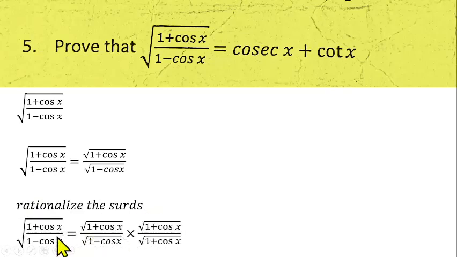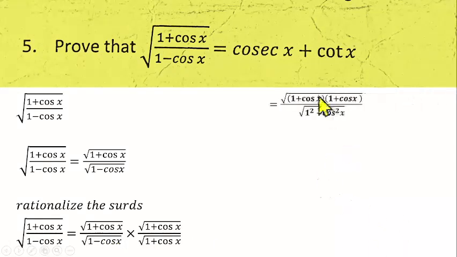If you do that, you'll have this times the conjugate of the denominator, which is a surd of 1 plus cos x over surd of 1 plus cos x. Do we understand that? Good. So the denominator is a difference of 2 squares, then the numerator is a perfect square. So we'll have the surd of 1 plus cos x squared, and the denominator will be the surd of 1 squared minus cos squared x.